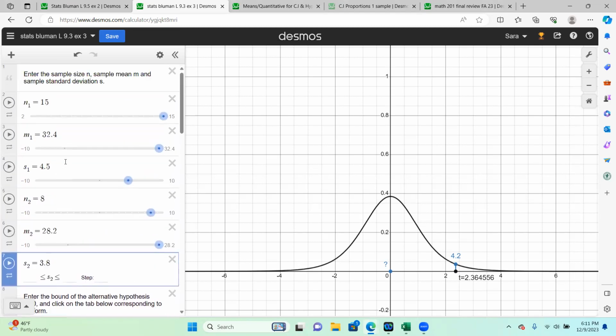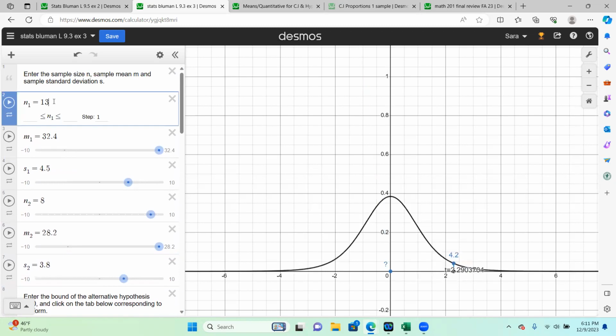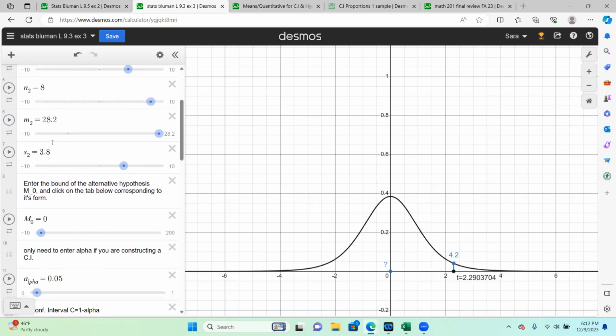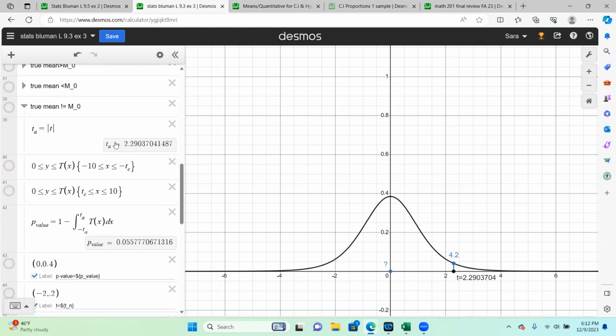And there was something weird. My sample size is only 13. That's what I get for my glasses. So sorry about that. My test statistic is 2.29. P-value is about the same, 0.0558.